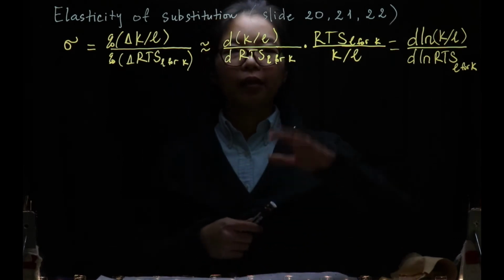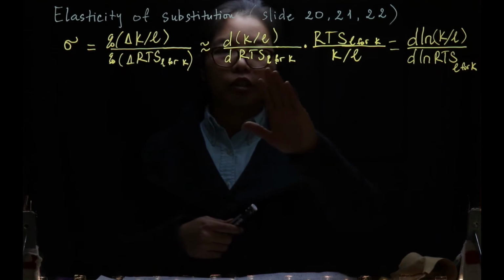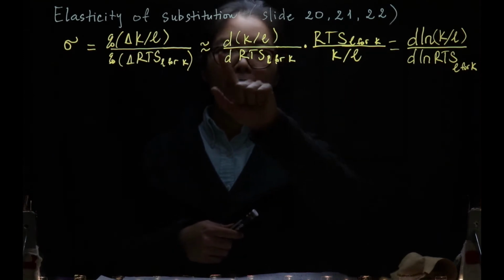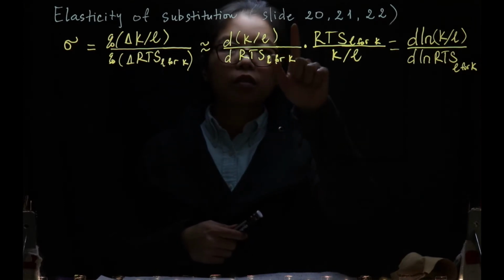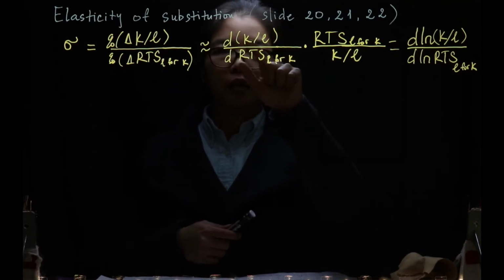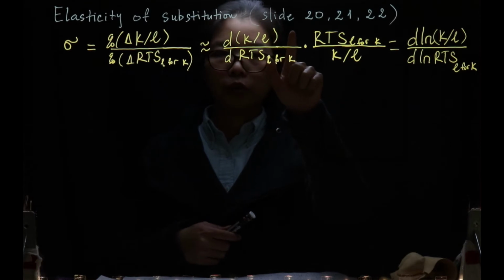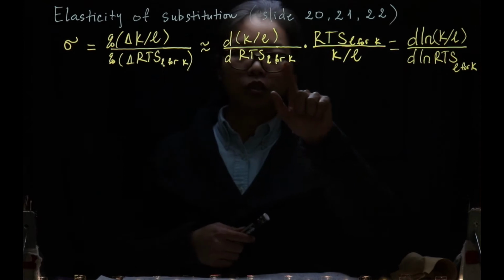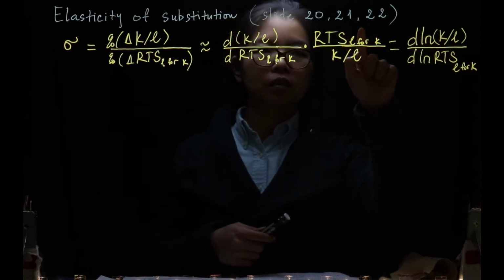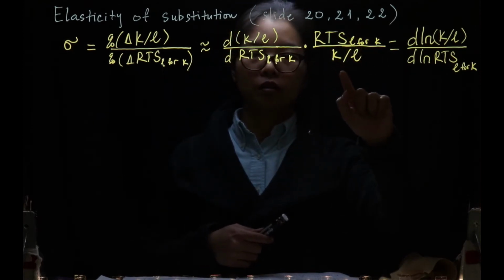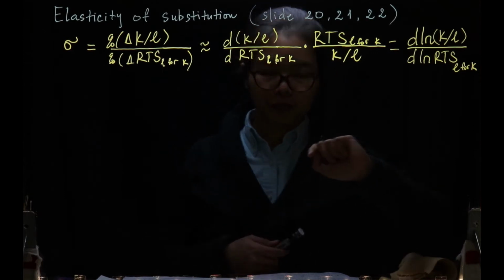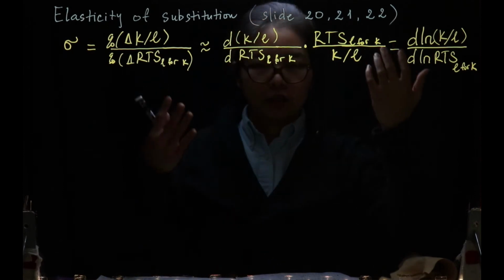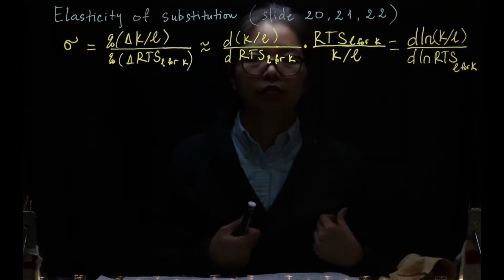For a very small change, this can be approximated by the derivative of the input ratio with respect to the MRTS, times the MRTS over the input ratio itself. This part is the very standard definition of elasticity.